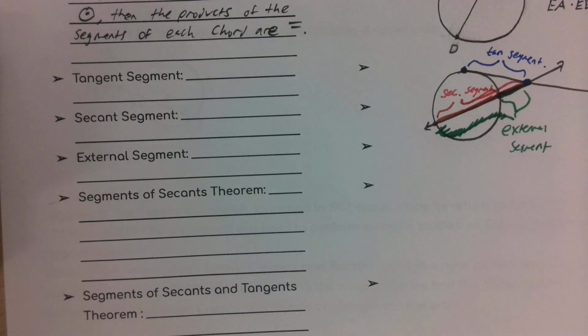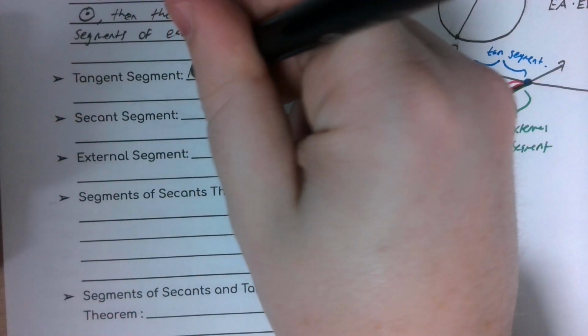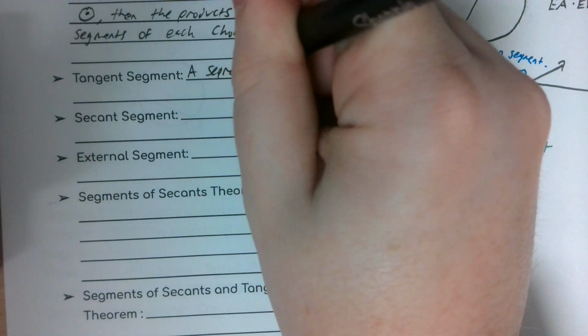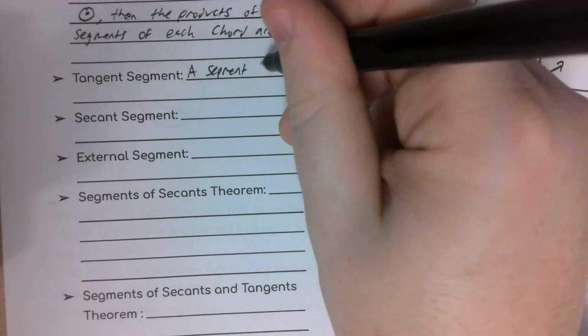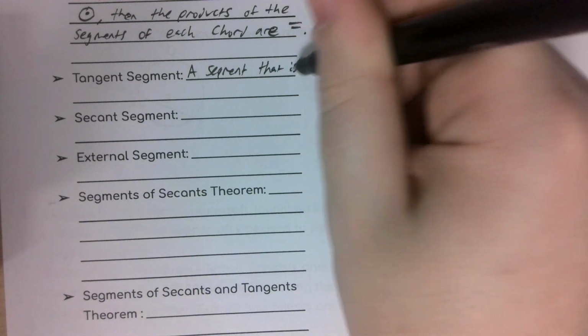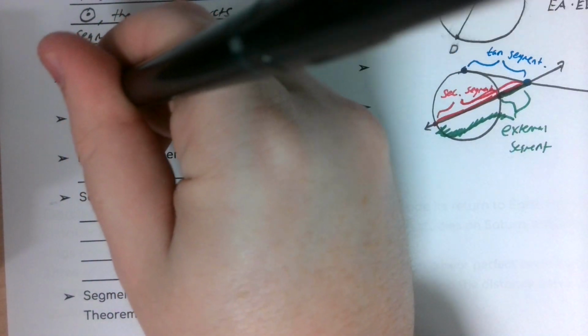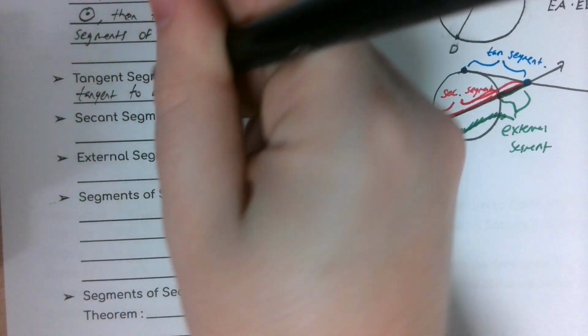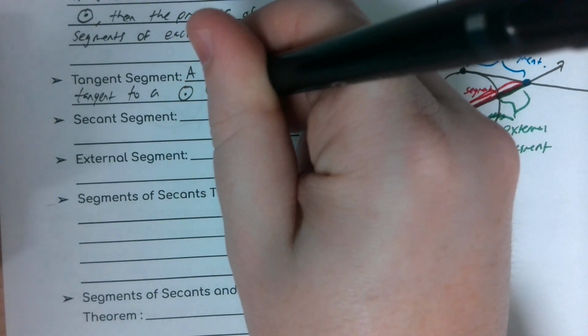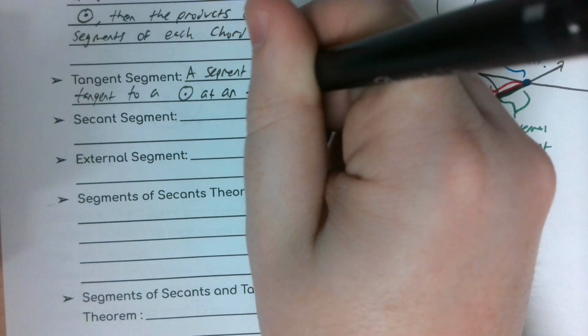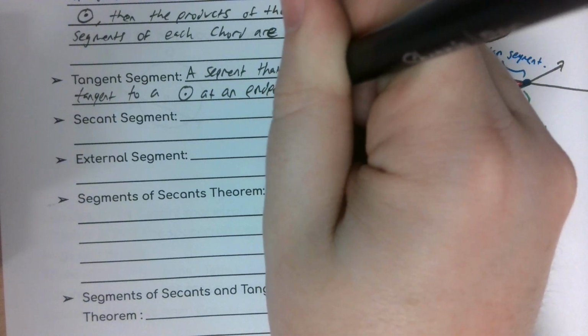So for definitions, we can say that the tangent segment is just a segment that is tangent to a circle at an endpoint.